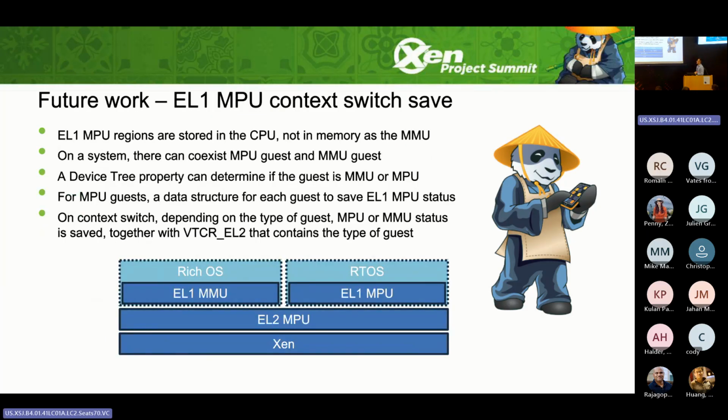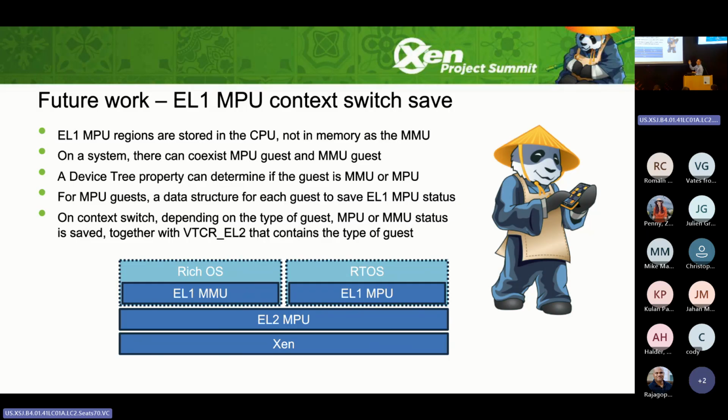Future work: for the first time, we will need to support an MPU guest. So we inherited all the code related to saving the context of an MMU guest, and now we will need to provide a way for Xen to know if we would like to start an MPU-based or an MMU-based guest.